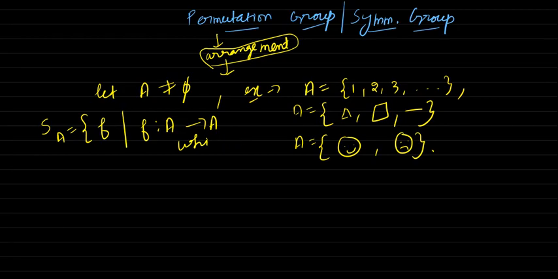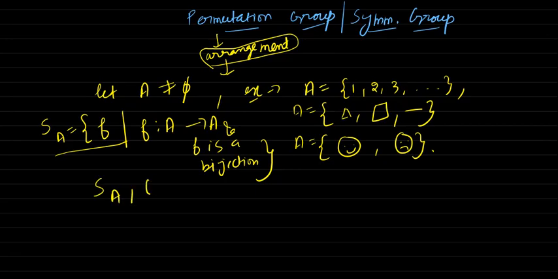All those functions from A to A such that f is a bijection. It means in the set S_A we are collecting all bijections on the set A. Now since we have functions in the set S_A, the usual operation we can define on the set S_A is the composition map.